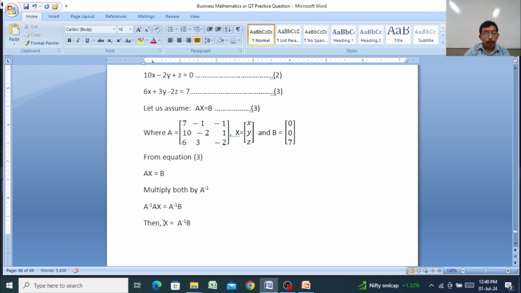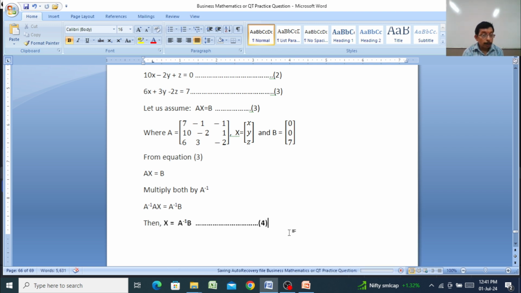Now we find the A inverse. This is equation number 4. Now simplify. First we find the A inverse.